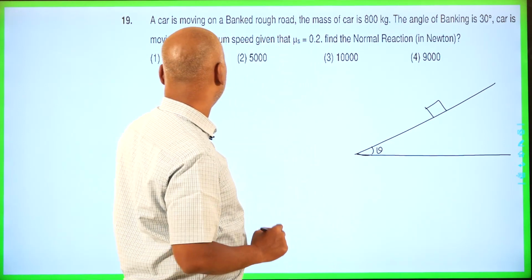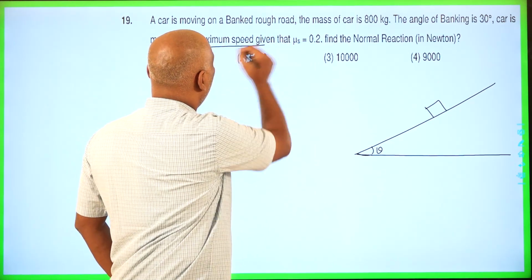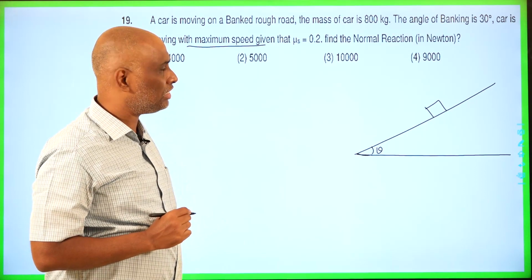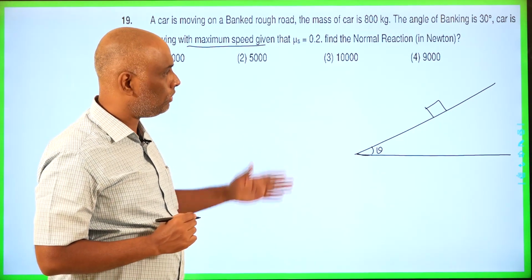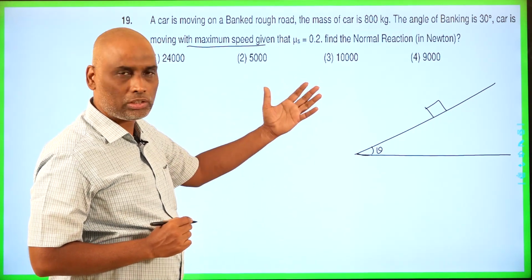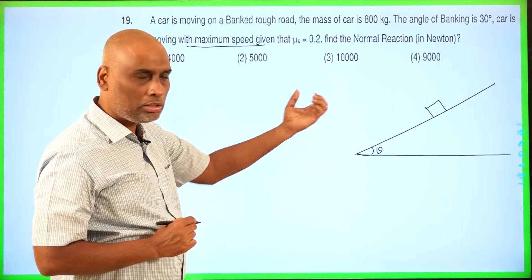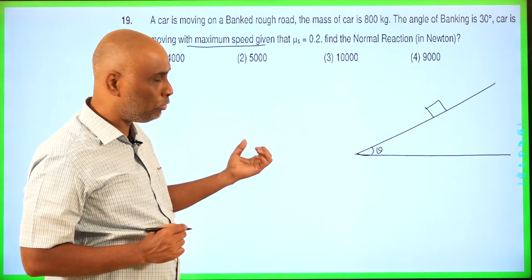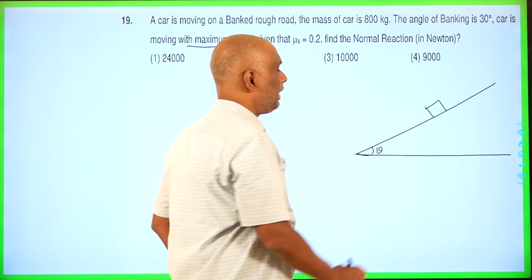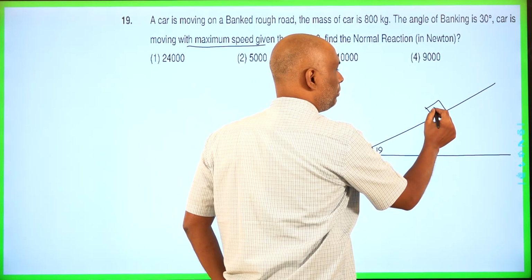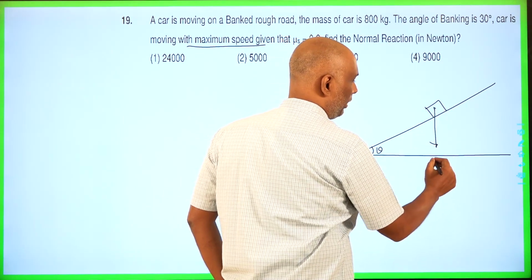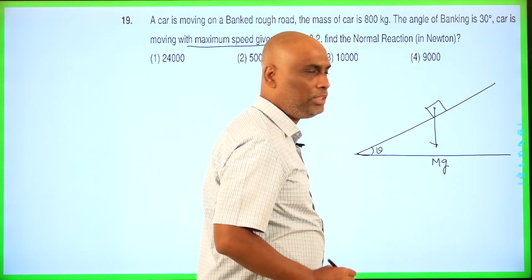As they said that the speed is maximum, when the speed is maximum, the impending motion of this block will be outwards. When impending motion is outwards, the friction will act down the plane. So when I consider the forces acting on this object, one force is the weight, which is equal to mg.